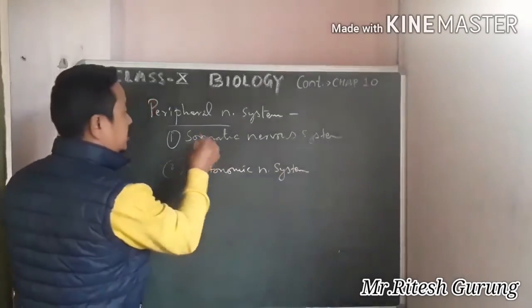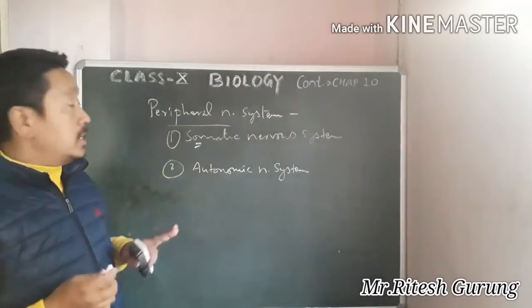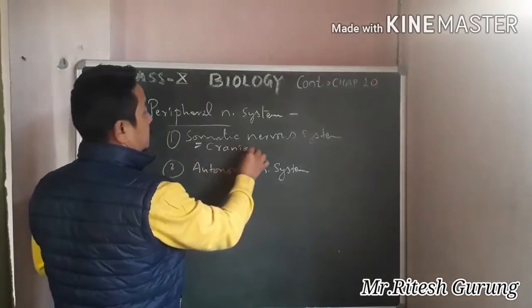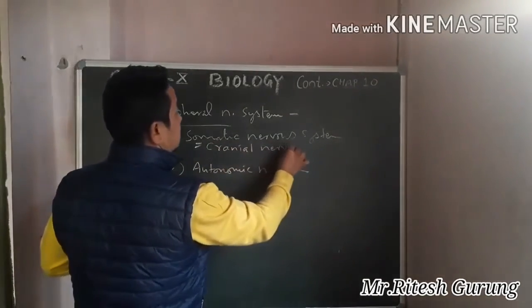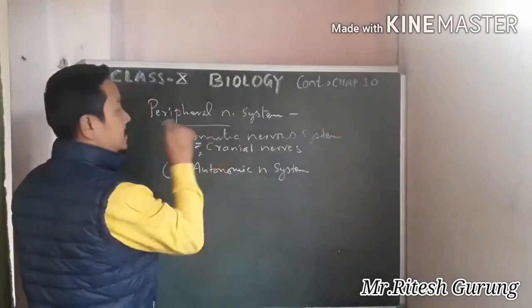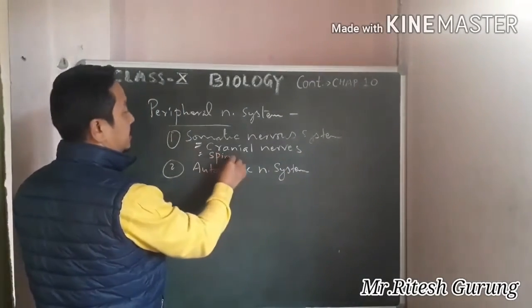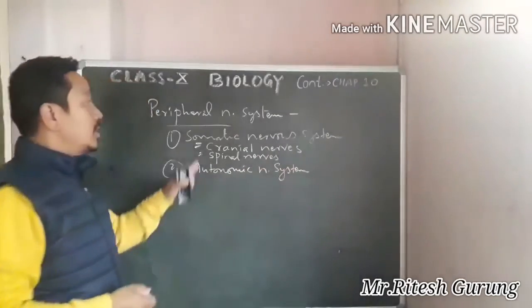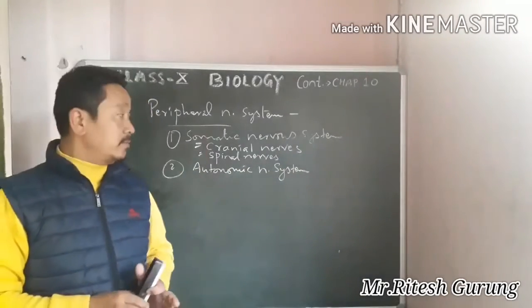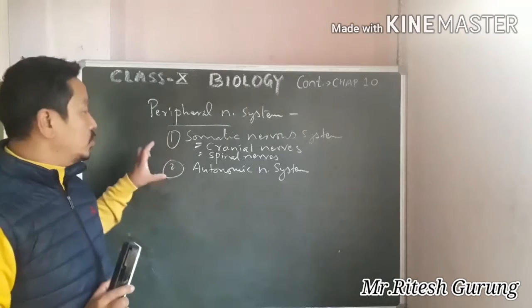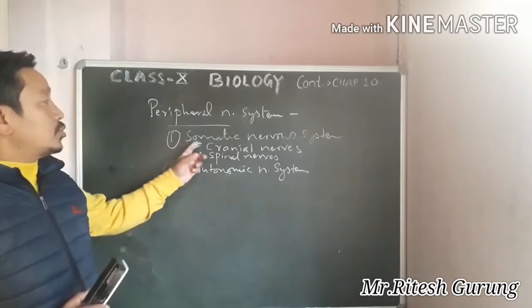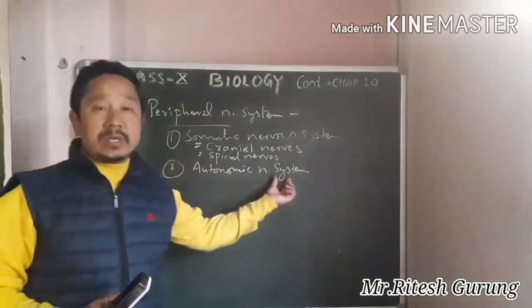This somatic nervous system consists of cranial nerves and spinal nerves. That means your peripheral nervous system is divided into two systems: the somatic nervous system and the autonomic nervous system.